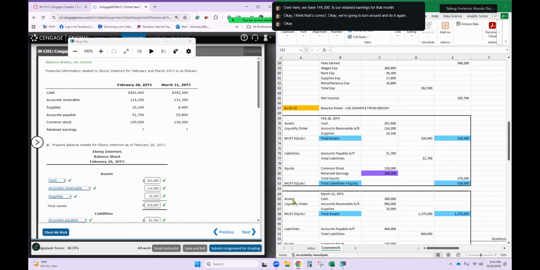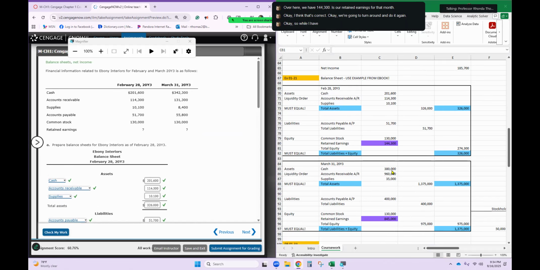While I have my spreadsheet open, here comes the next month. 342,300, 131,300. Supplies is 8,400. So here is our total of our assets, right? Yep. Accounts payable is 55,800.